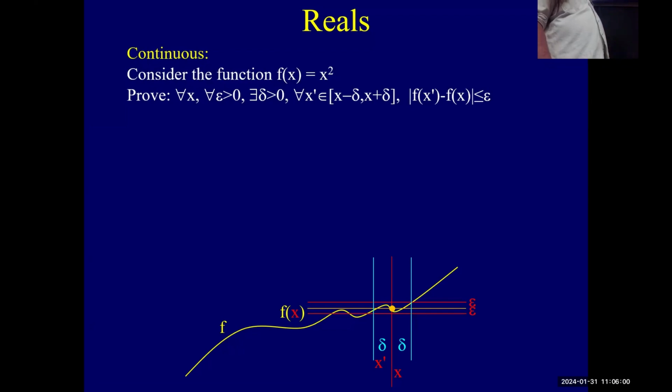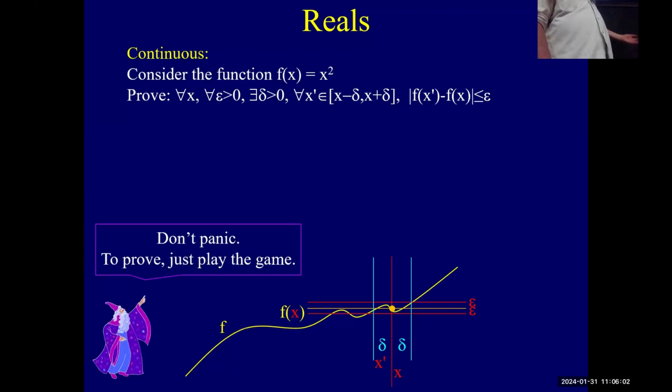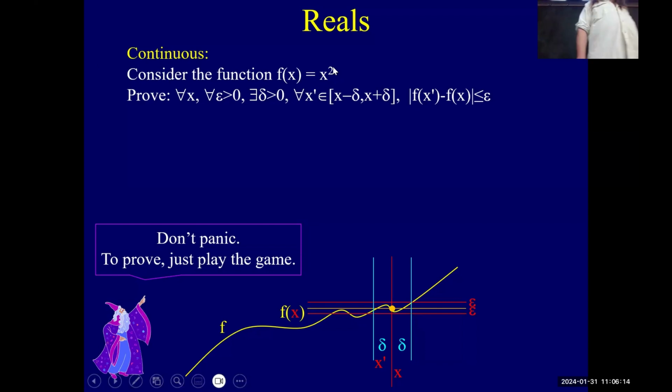So here's our definition that we want to prove. And you might say, uh-oh, right? This is an example where your calculus teacher says, I want you to prove that x squared is continuous. And you say, well, okay, great, give me the definition of continuous. And they have to give you a definition, right?